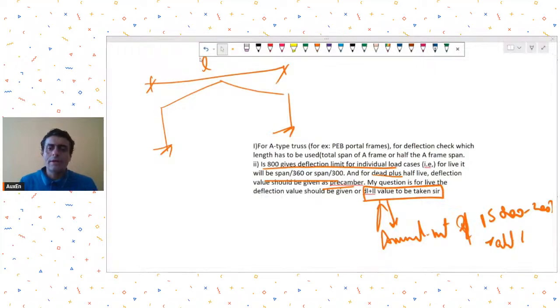Earlier, I think the code had written only dead, but later on it has been amended that it has to be dead plus live. So you just go through that amendment once. My opinion is that giving pre-cambers on site is generally not very difficult in steel fabrication. So you ensure the permissible deflection limits are met for dead plus live.